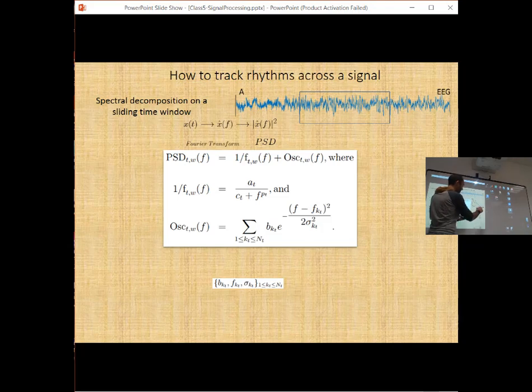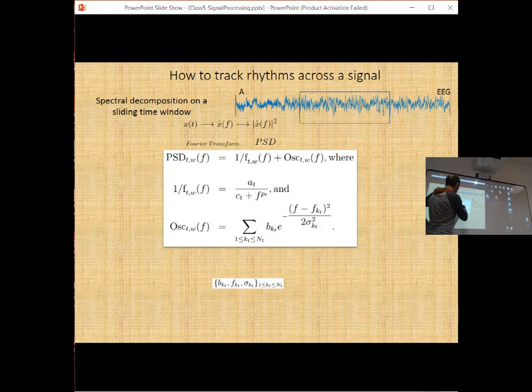Fine, you get this component, and then the next thing to do is to say, in addition to this, the power spectrum will be the sum of this component plus this oscillatory one. One way to do it, not what I showed you last time using the Ornstein-Uhlenbeck process, is to fit a Gaussian.